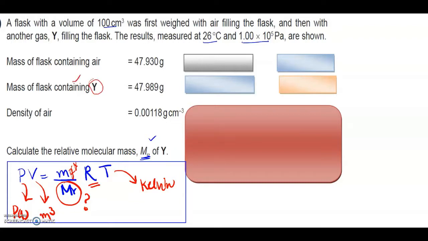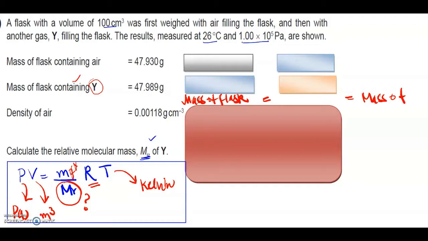One simple rule is, if we subtract the mass of the flask from this mass, we can get the mass of Y. But the mass of the flask is not given here.